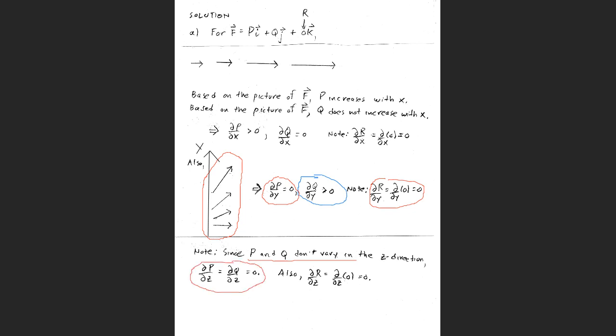And now also remember the partial derivative of R with respect to z also equals 0. Okay, so just doing it step by step. And with this analysis, we have enough information to answer the question at hand.